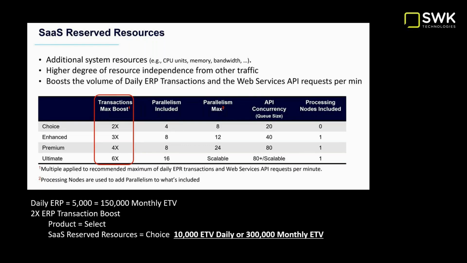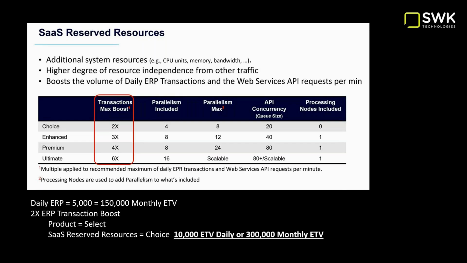So the reserved resources, whichever flavor you pick, is going to increase parallelism, or increase the number of TSA agents to help us get through and not be delayed. You can also have a maximum parallelism by adding a processing node, which we'll talk about in a minute. And then the concurrency, which is impacted by APIs. Think about that as the initial queue for getting into the TSA line.